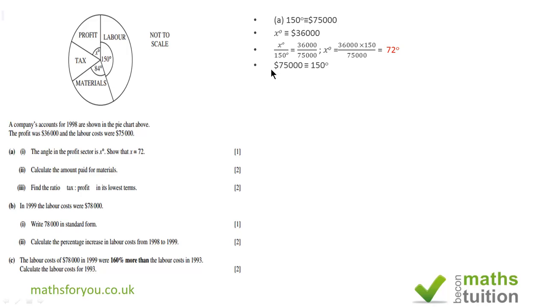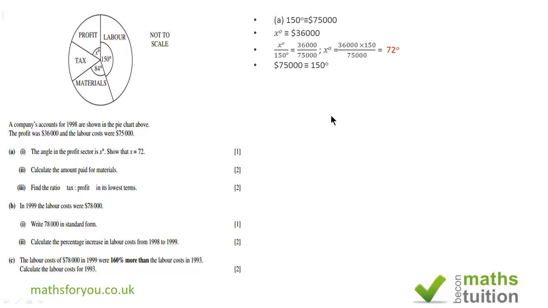For subsection 2, we want to find the material costs. We know the proportion of the pie chart occupied by material costs, and that's 84 degrees.